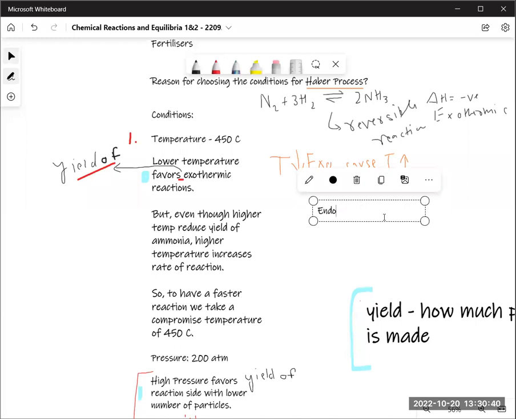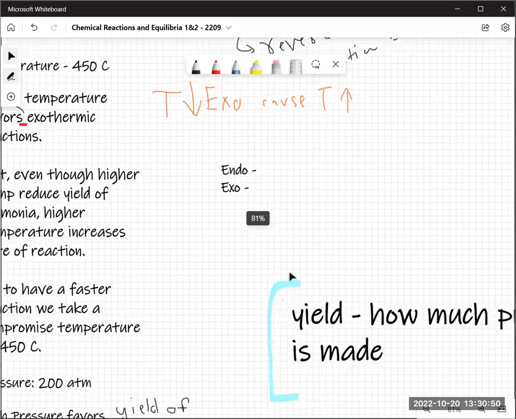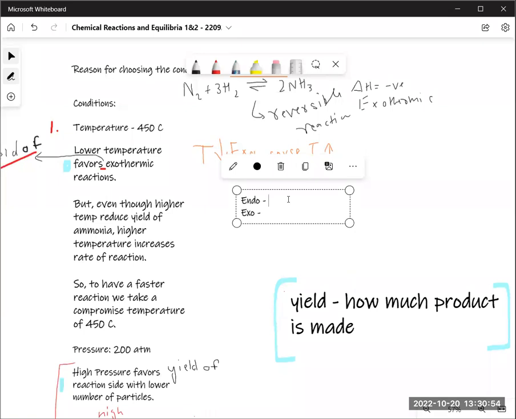One second, I'm trying to find it. It's not in your notebook. It's right here. Now read the definition of yield on the whiteboard. How much product is made? All right, yield is how much product you're making.